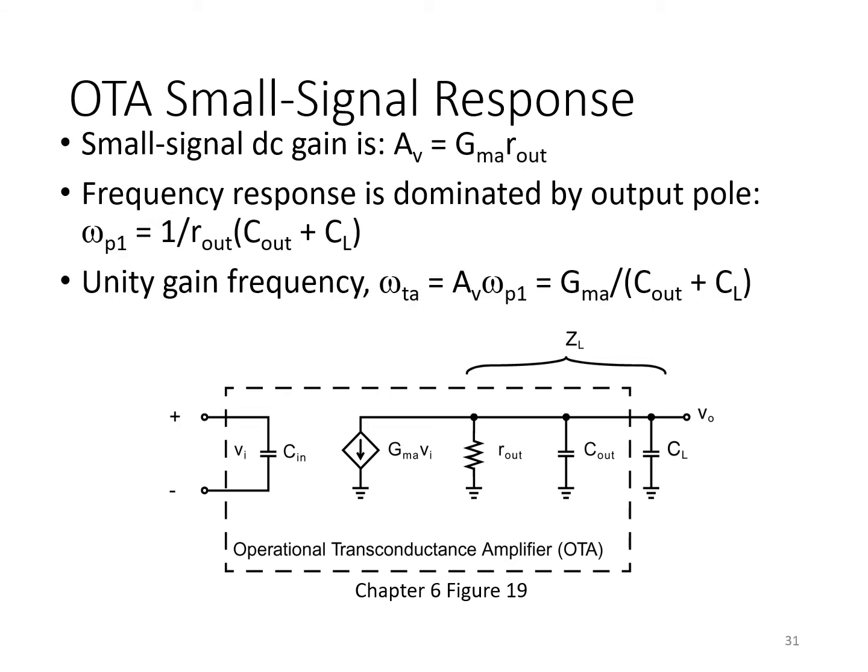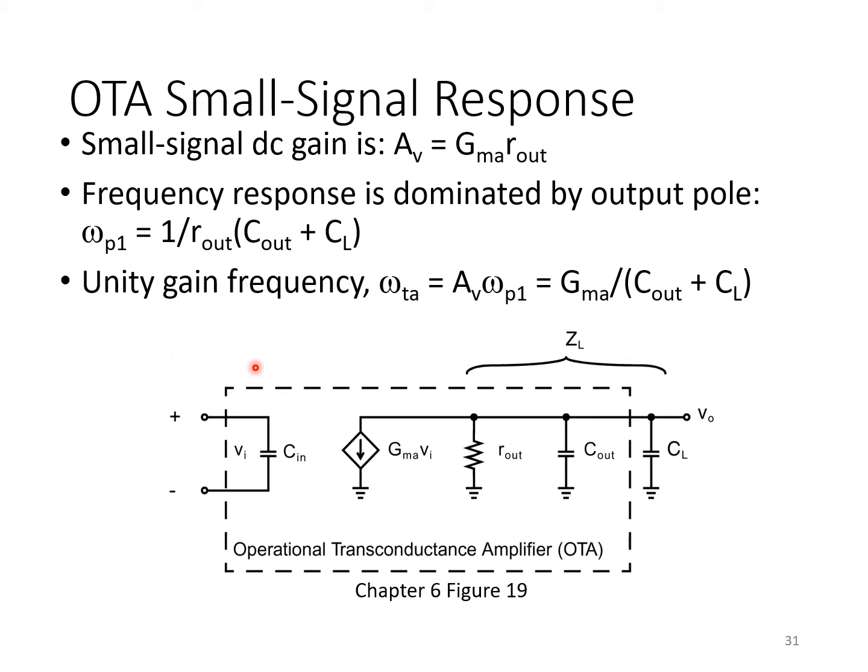Now the primary parameters of our first-order amplifier model were the DC gain and the single pole frequency. So in the case of an OTA driving a capacitive load, we've got a small signal model for the OTA's open loop response as shown here.